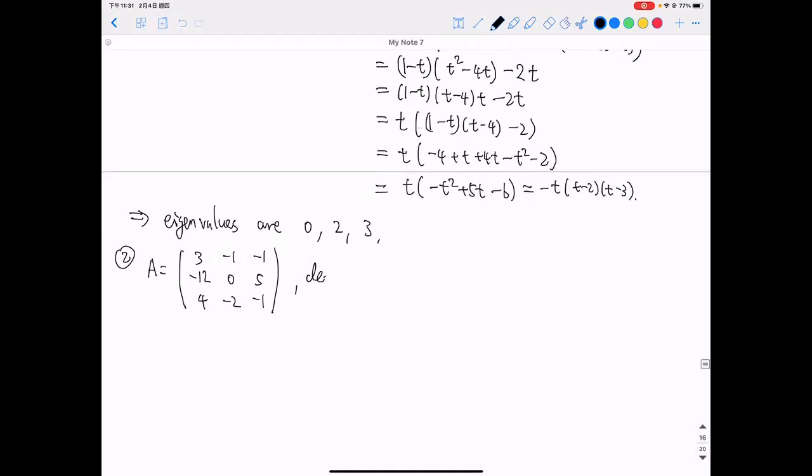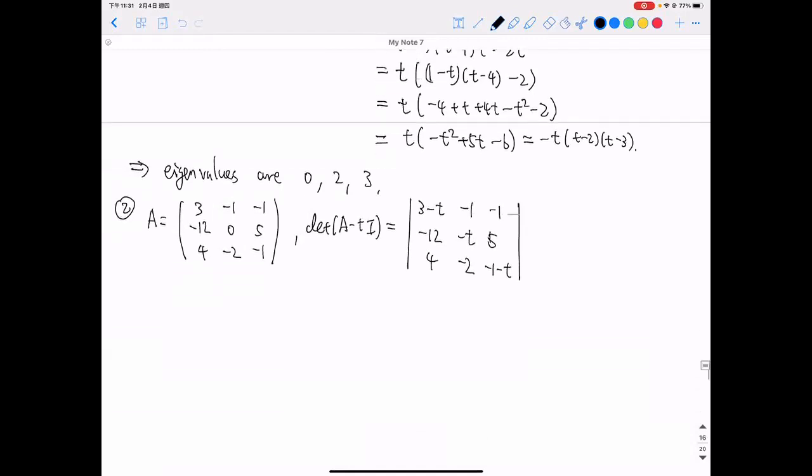Okay, so the determinant of A minus tI is 3 minus t, negative 12, 4, minus 1, negative t, negative 2, minus 1, 5, minus 1 minus t. Again, this doesn't seem to be any easier way to proceed. So we will just compute it.